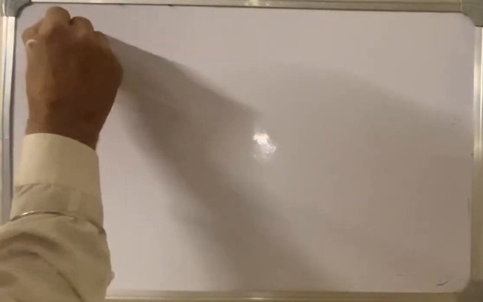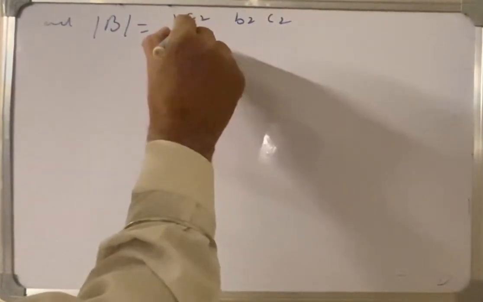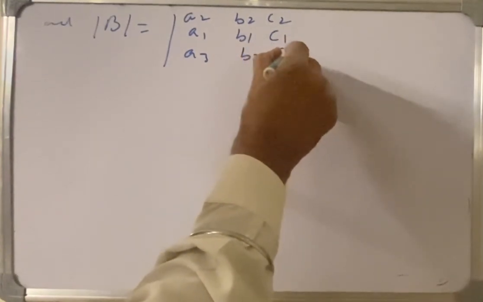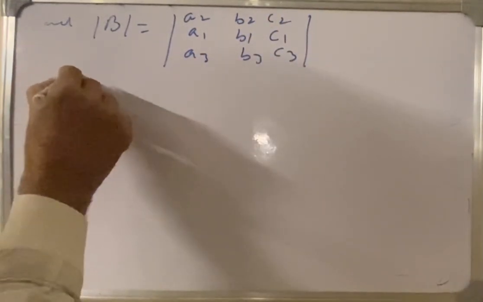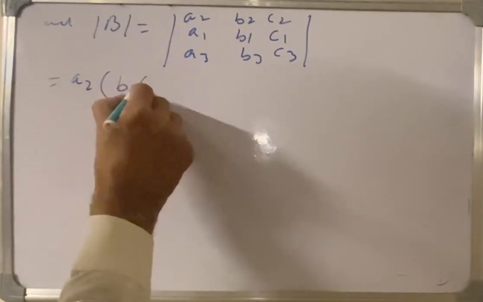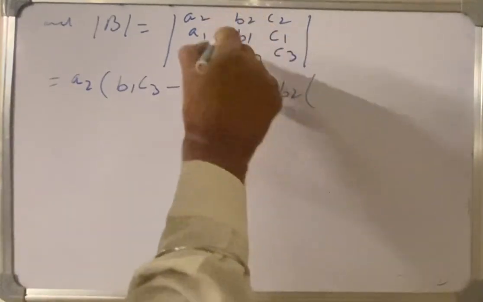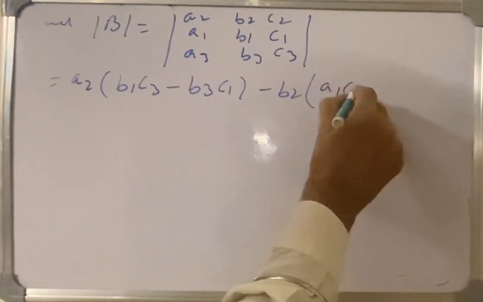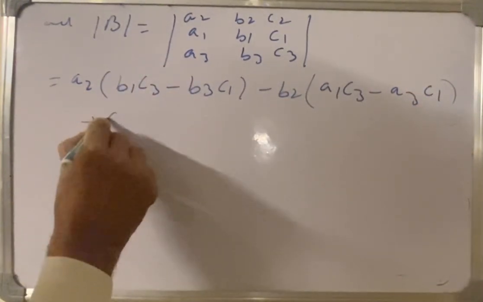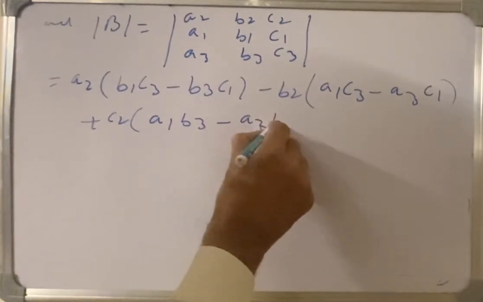Then determinant B is equal to A2 B2 C2, A1 B1 C1, A3 B3 C3, which is equal to A2 into (B1 C3 minus B3 C1) minus B2 into (A1 C3 minus A3 C1), then plus C2 into (A1 B3 minus A3 B1).